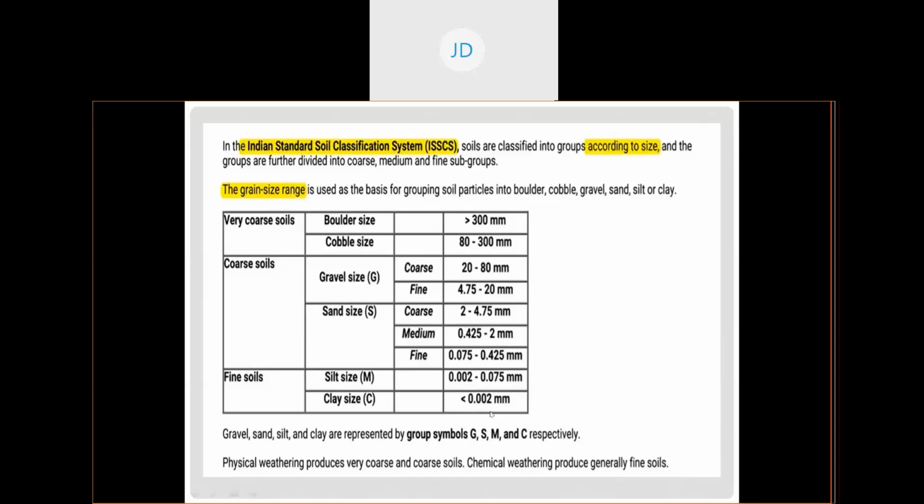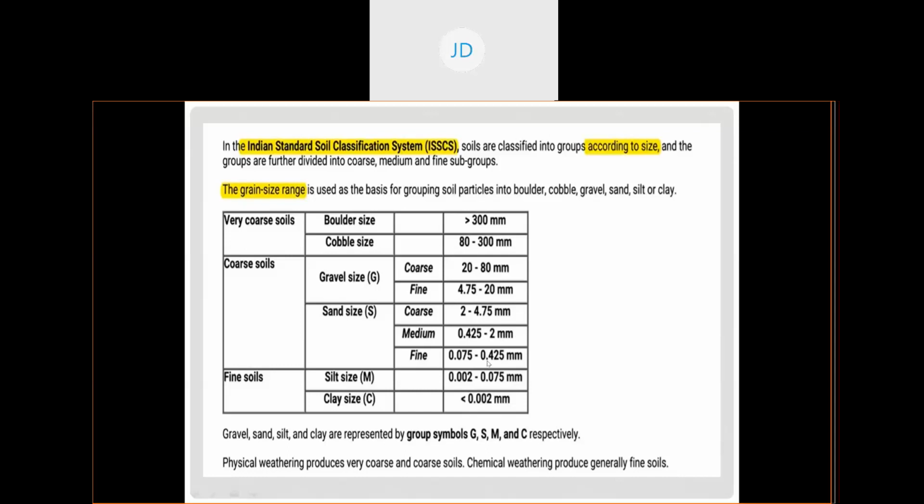Concentrate on the very bottom, given as less than 0.002 millimeter. Next, this one represents 0.002 millimeter to 0.075 millimeter. That means from bottom to top the sizes are increasing.